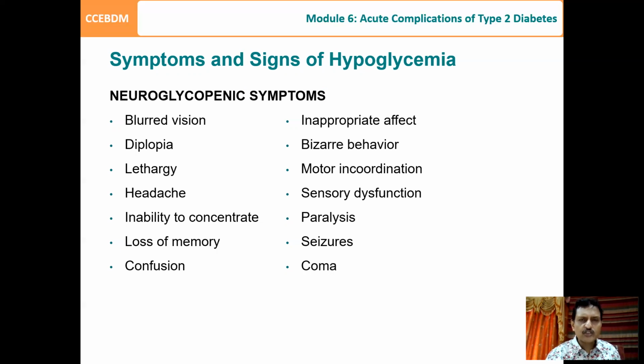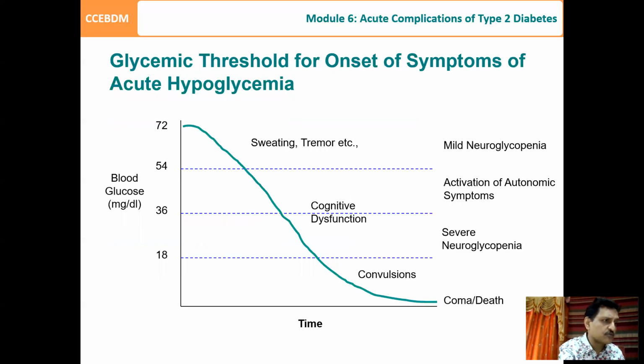These occur when there is neuroglycopenia and when the blood glucose level is very low. So basically the first kind of symptoms usually are the adrenergic or autonomic symptoms, and this second group of symptoms or signs are basically neurogenic symptoms, and this depends on how low the blood glucose level is.